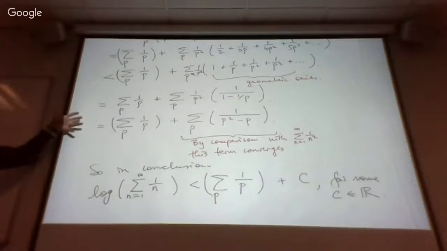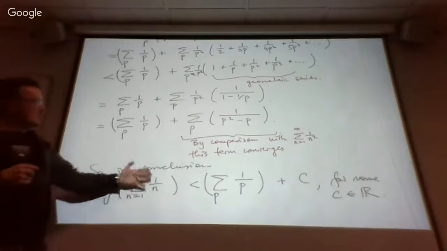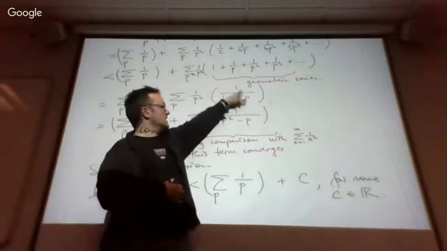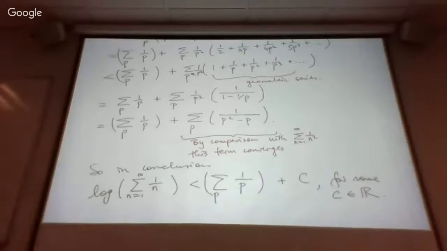You can make this argument rigorous. Yes, it does apply in a sense, because the ideas behind this are correct. Linking together the behavior of all the integers to this quantity here, 1 over 1 minus 1 over p. That is a correct idea. So would you accept it?